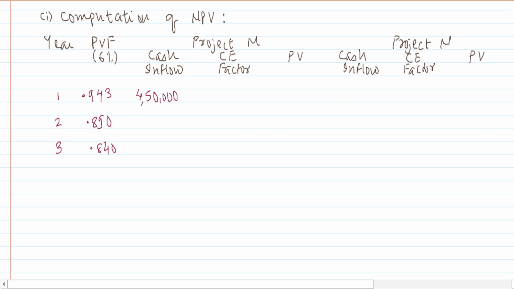4,50,000, 5 lakhs, and 5 lakhs. CE factor 0.8. Then 5 lakhs. We have 0.7, 0.5.